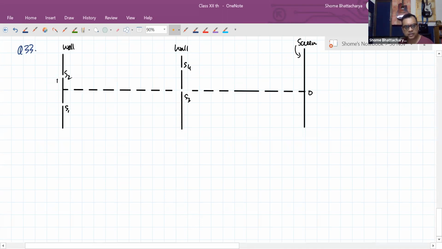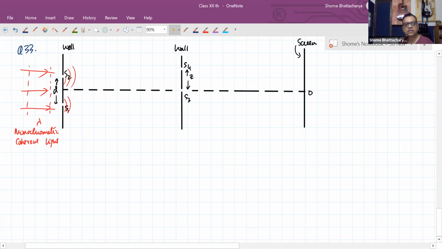Now this is the standard distance D, where these two are symmetrical, but this distance is labeled as Z. And you have the standard monochromatic coherent light of wavelength lambda, which is incident, illuminating these two slits.